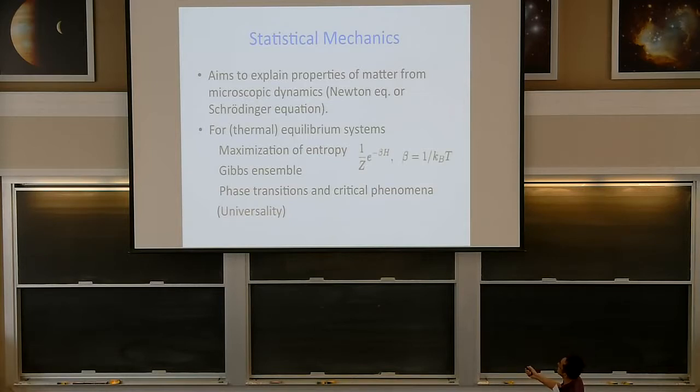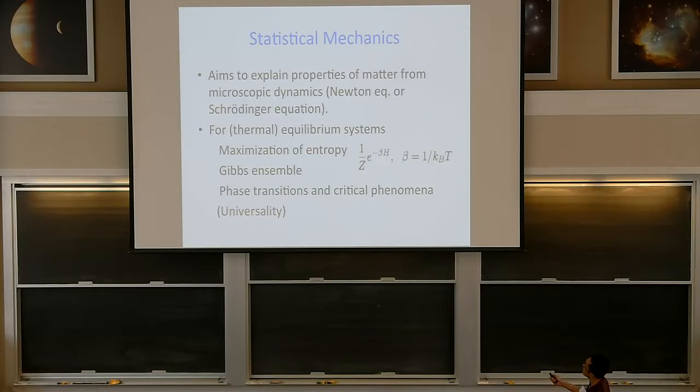For the classical case described by Newton's equation, this H is basically the energy of the system, which can be specified by giving positions and velocities or momenta of all particles in the system. In a quantum system, this is just an operator which describes the system.